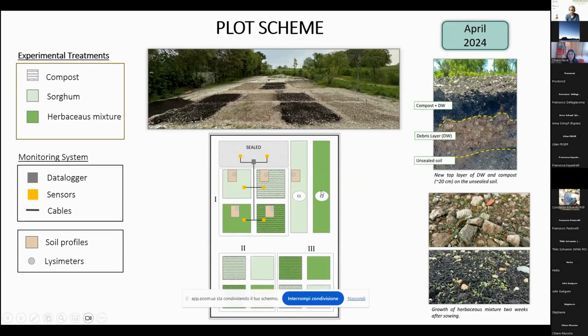These are two controls, and here the experiment with the debris layer replicated 3 times with compost and without compost. And here one image on the layering. And you can see also that there are some sensors because we are monitoring the soil temperature, water content, and the oxygen.